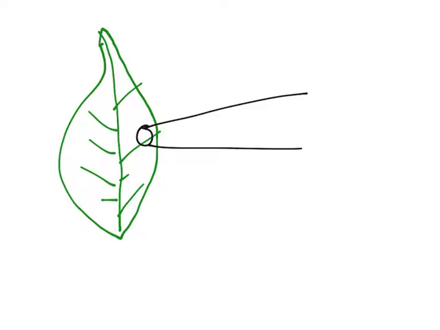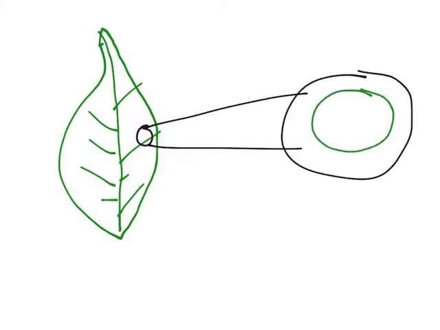Now that's a chloroplast. I explained in the previous video what chloroplasts are. And then we have the thylakoids, and a stack of them is called a grana.